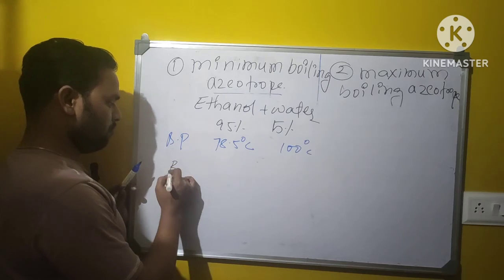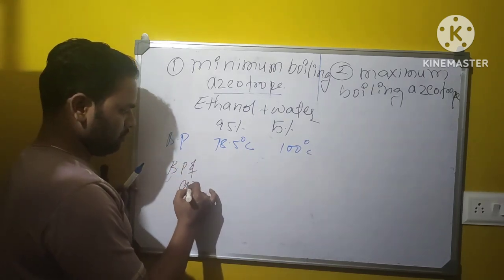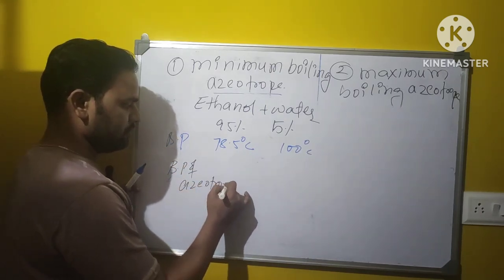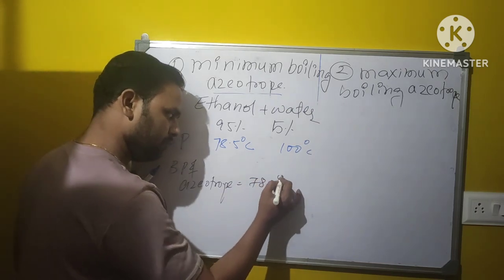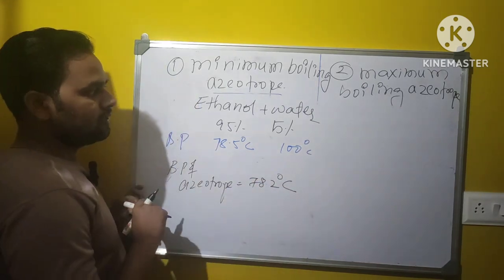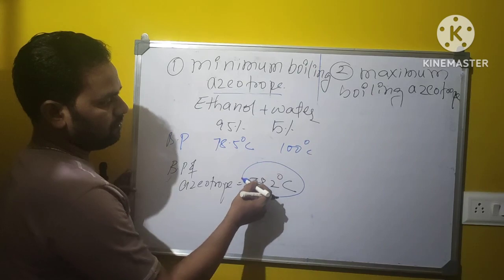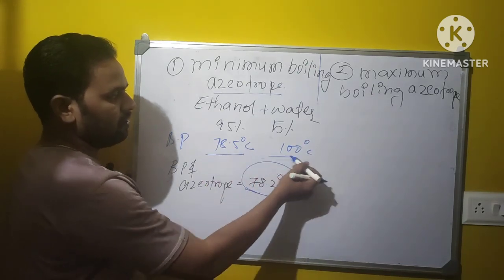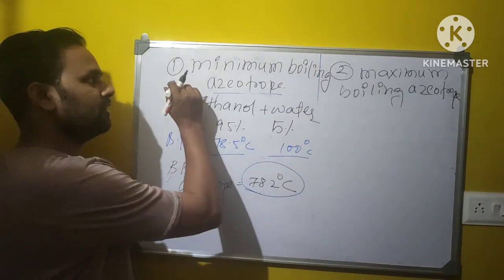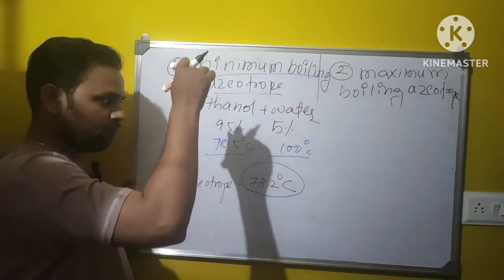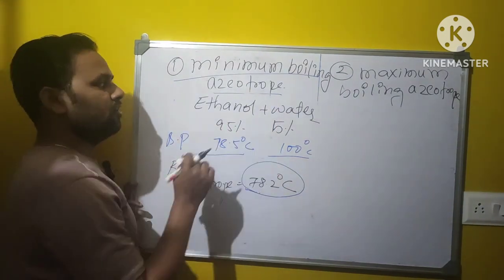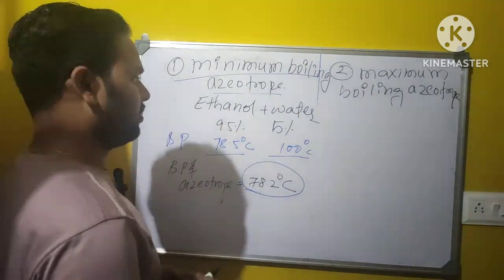The boiling point of the azeotrope is 78.2 degrees Celsius. See here, boiling point of azeotrope is lesser than boiling point of individual liquids. That's why it is minimum boiling azeotrope. Boiling point decreases when you take those two in this ratio.